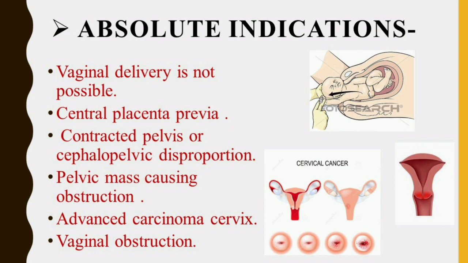Then, if the mother has a contracted pelvis or cephalopelvic disproportion. Next, a pelvic mass causing any kind of obstruction. If there is any pelvic mass which is causing an obstruction or blockage, then you might have to go through caesarean section. Then, advanced carcinoma of cervix and vaginal obstruction.